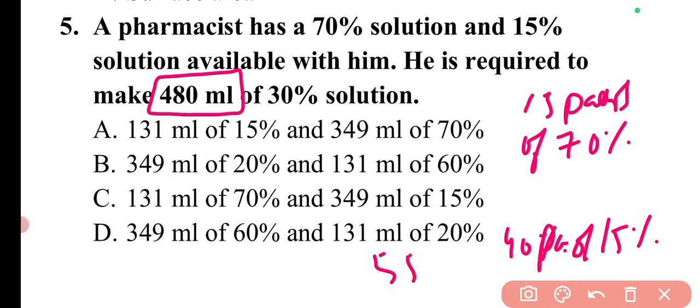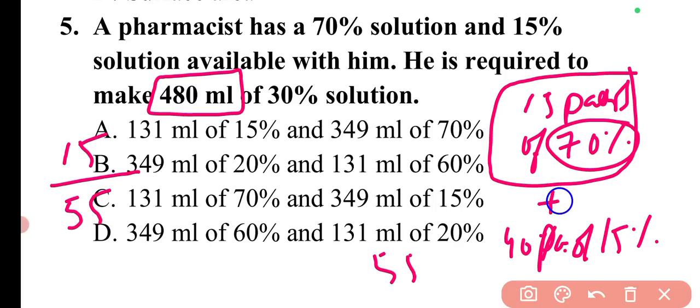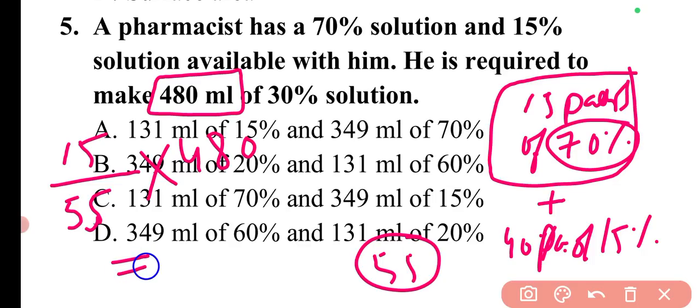Now we calculate, out of 70%, how much we need to take. There are 15 parts out of 55, and we need to make 480 ml. While solving this, we get the final answer 131 ml.